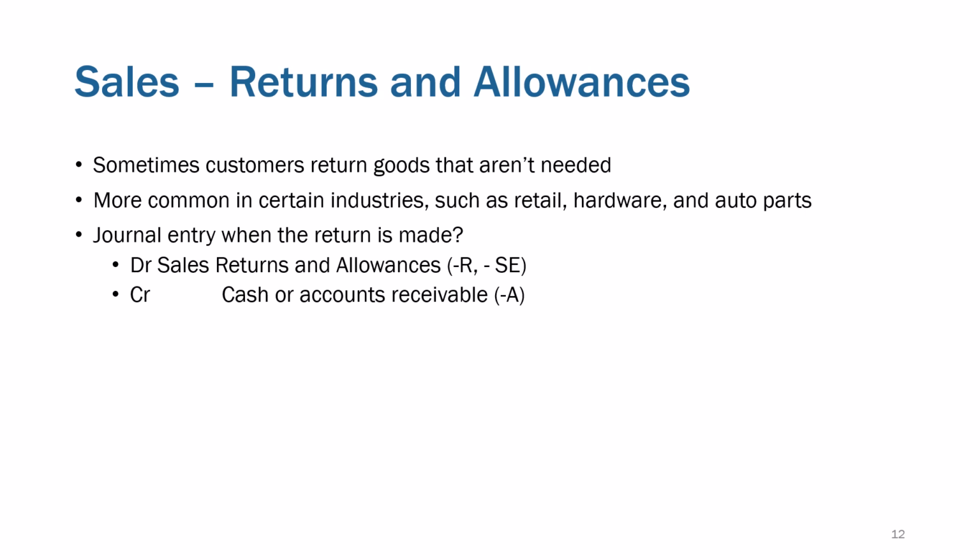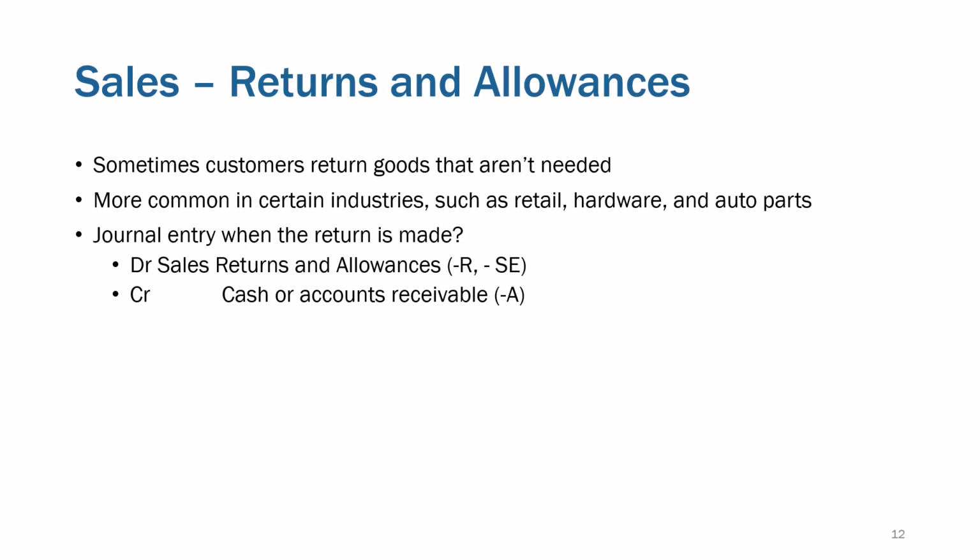Now, the biggest thing for this is that net revenues, and we'll see that on the next example, will be the same whether or not you debit revenue right here or debit sales returns.